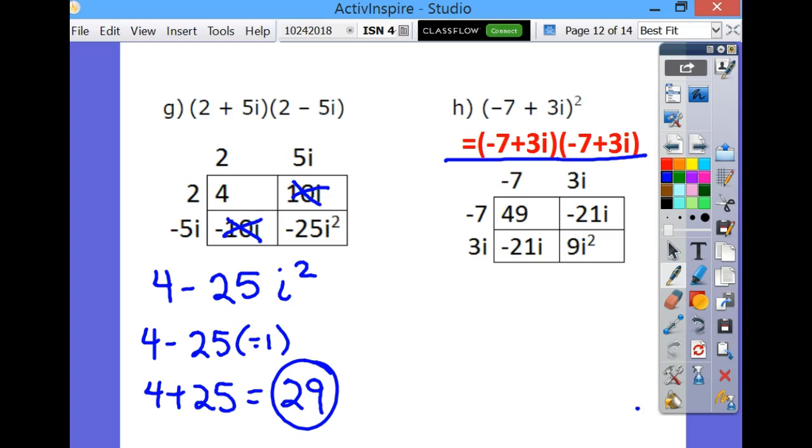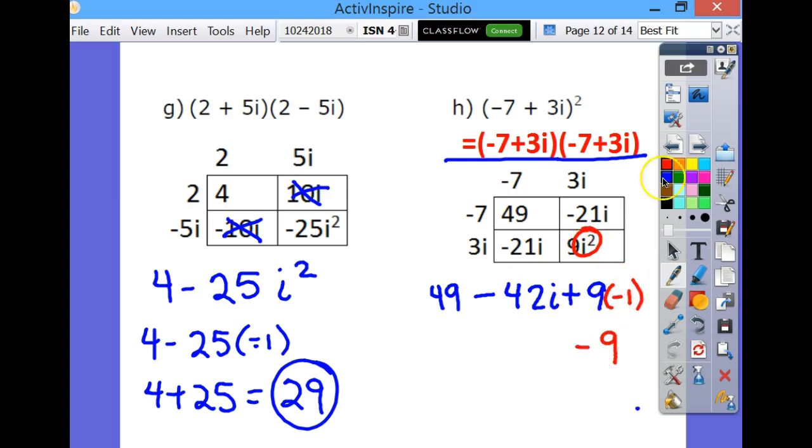On example number H, are my 21s going to cancel out this time? Not this time because they're both negative, so I'm going to have a 49 minus a 42i plus 9i squared. But what am I going to put in place of i squared?